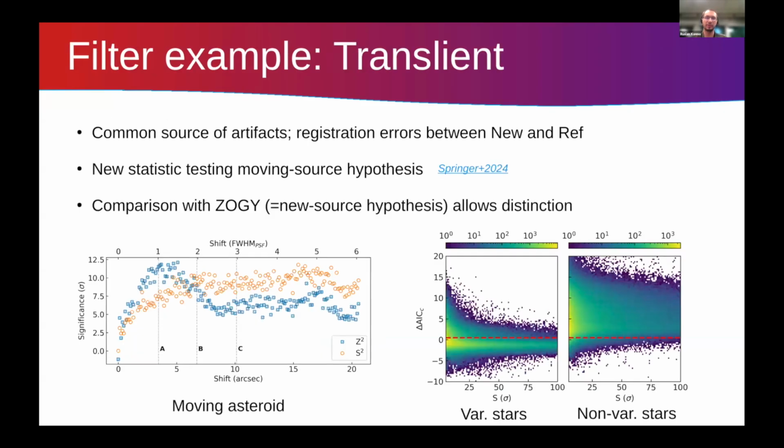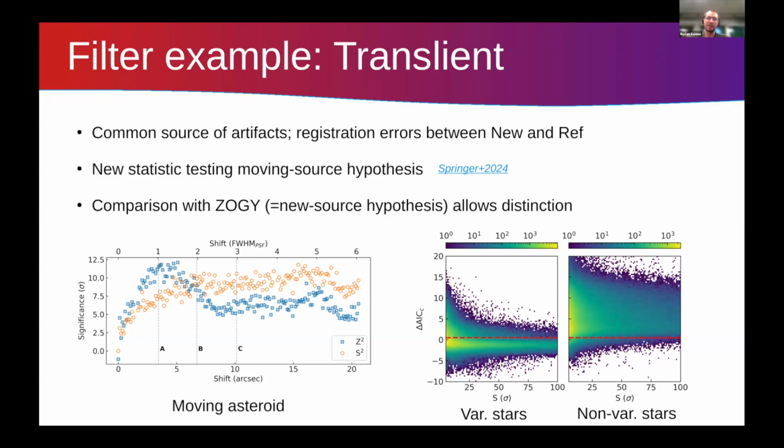But just an example of such a method, this is a statistic that we published last year. So the transient finding method is ZOGY. This is a statistic that checks for varying sources, basically. And we published the transient statistic, which checks for moving sources.